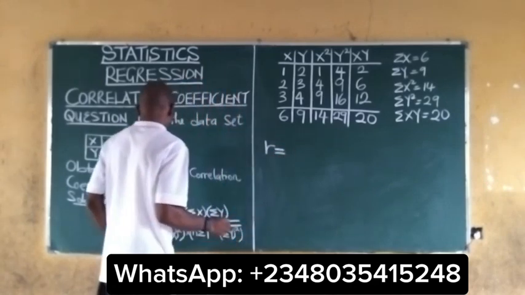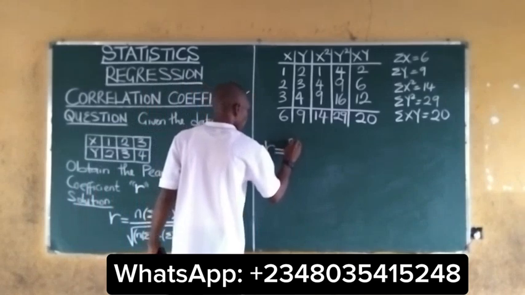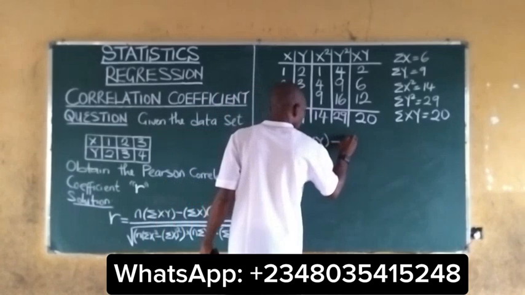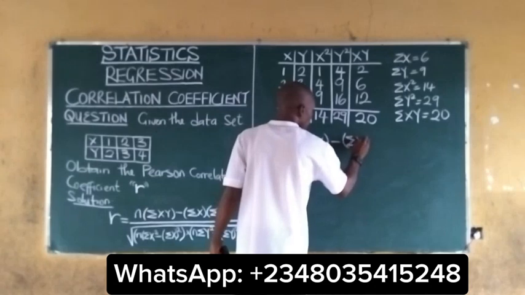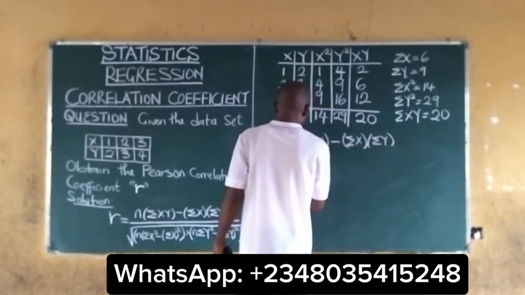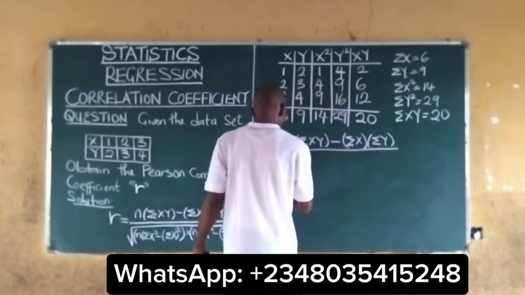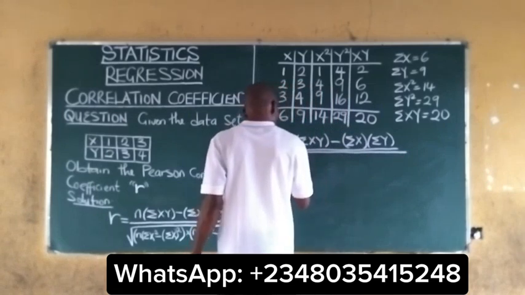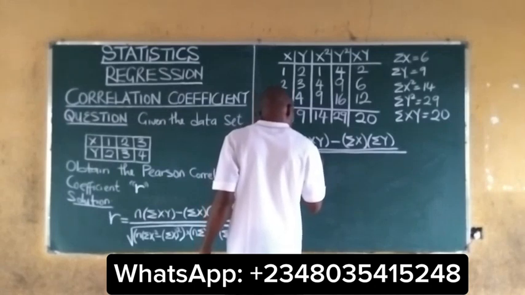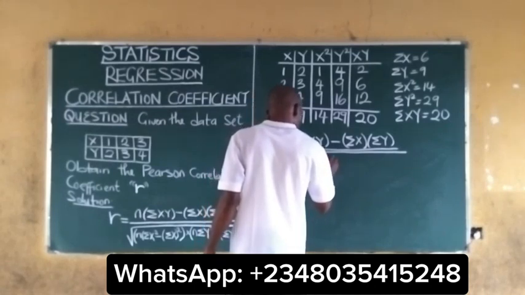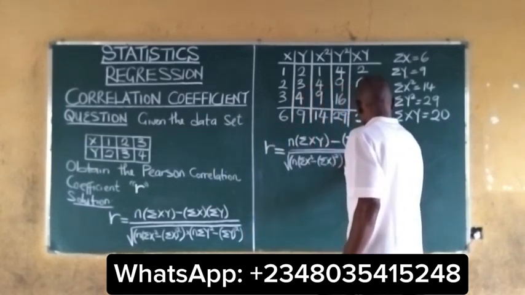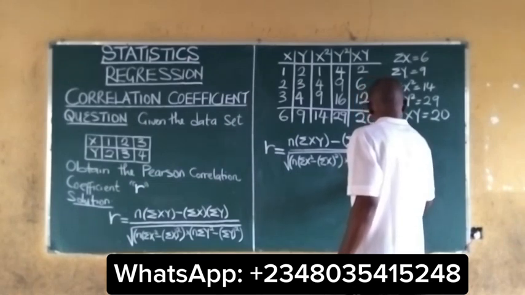Our R is equal to, we can rewrite the formula, n summation of xy minus summation of x and summation of y all over square root of n multiplied by summation of x squared minus summation of x all squared in brackets multiplied by n summation of y squared minus summation of y all squared.